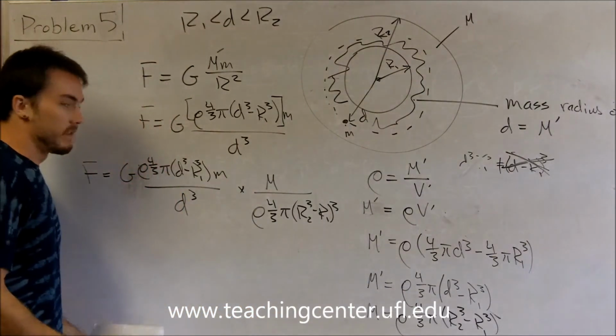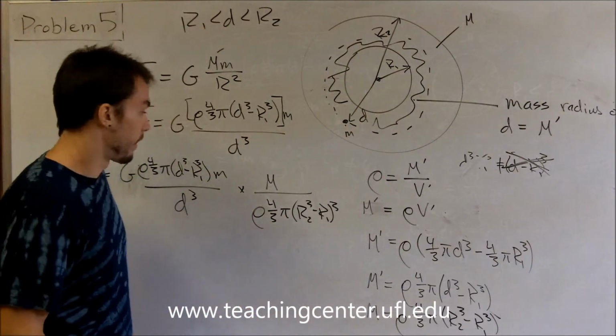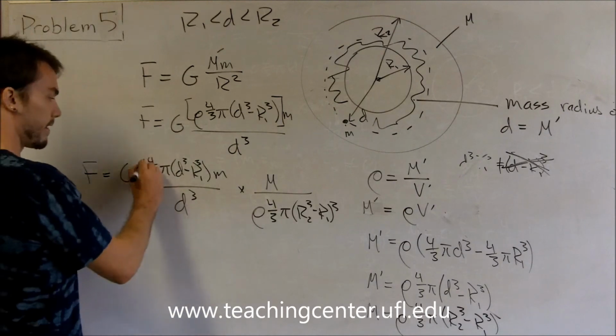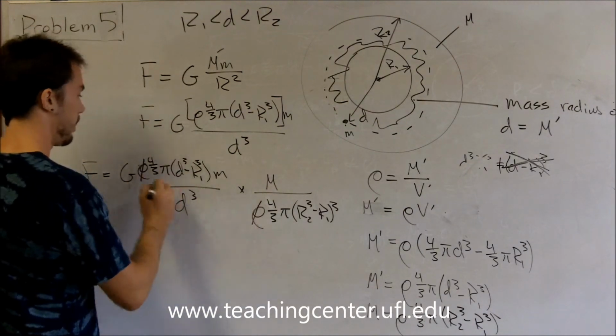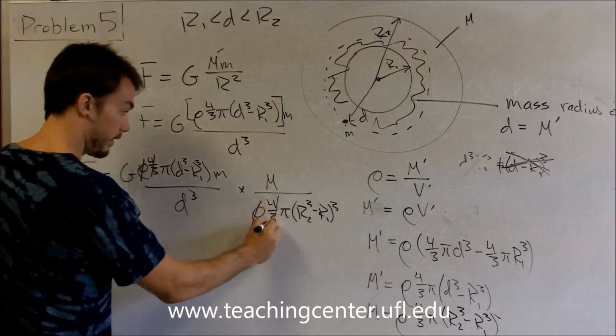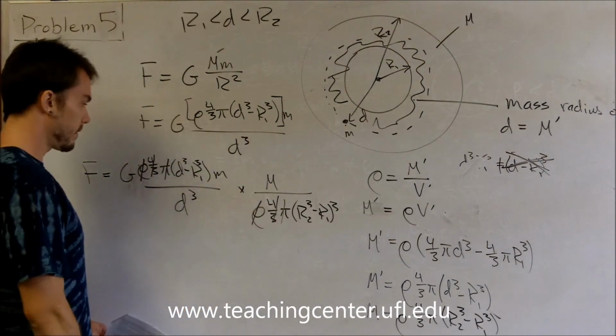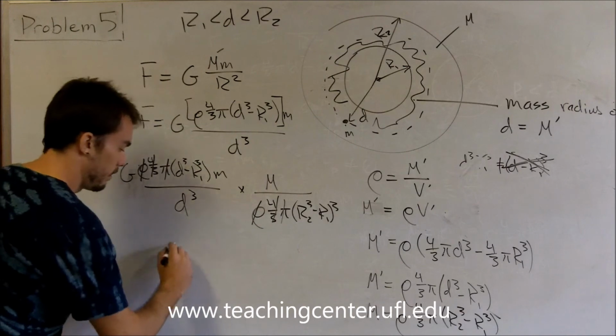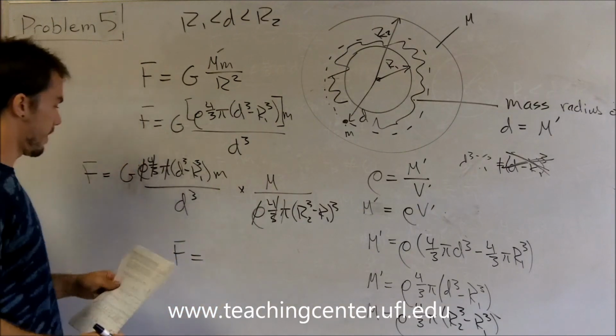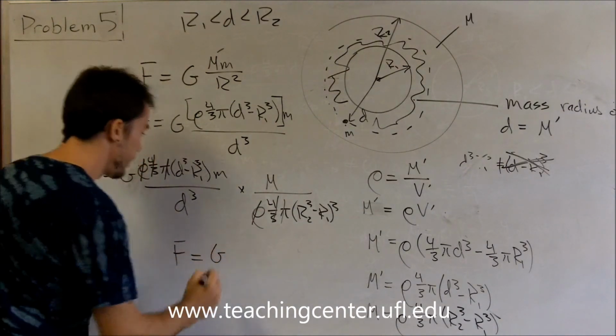Now with that, generally on any test, you need to do all your cancellations. So we have a density in the numerator and the denominator. We have a 4/3 in the numerator and the denominator. Pi cancels, and that looks like just about everything. So I'm going to rewrite this out, leaving the G up front.